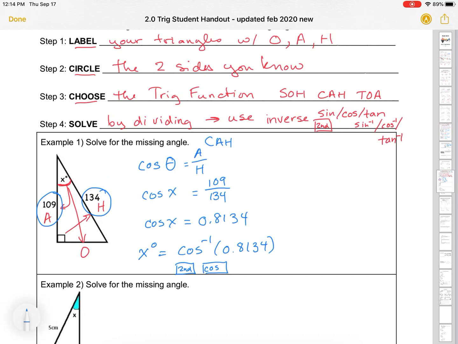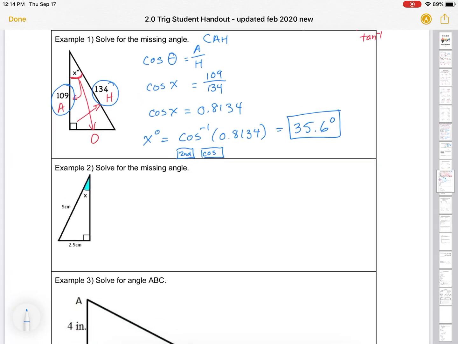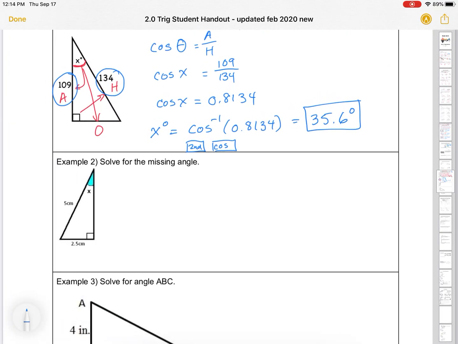You put that number in and then do second function cos, and it looks like cos -1. It's going to shoot out a degree, which is 35.6 degrees. We can do just 1 decimal place for degrees, because any more than that is not going to make much sense.